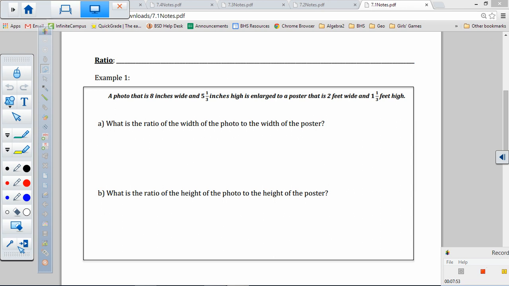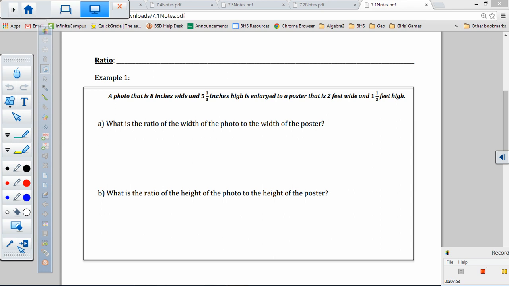In my mind, I'm thinking that 1 foot is equal to 12 inches, so 2 feet is double that, or 24 inches. So I'm going to replace my 2 feet with 24 inches. And now I'm going to have 8 inches is to 24 inches.